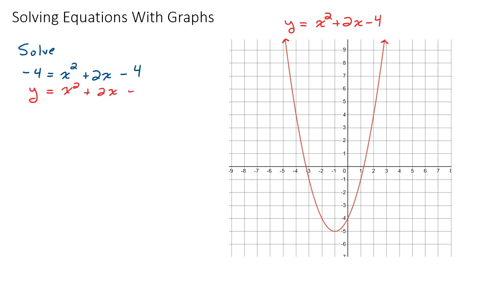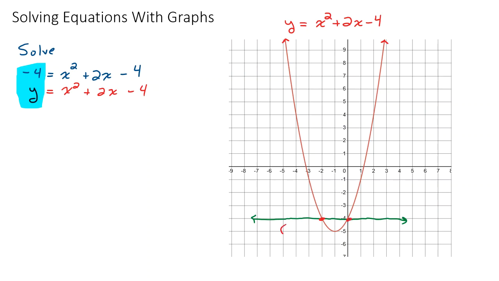So notice the equation of the graph. What we have is a negative 4 where the y is. So what we want to do is look on the graph and find all the places where y is negative 4. So that would be any place along this line. And we can see that our graph intersects in two places where y is negative 4.